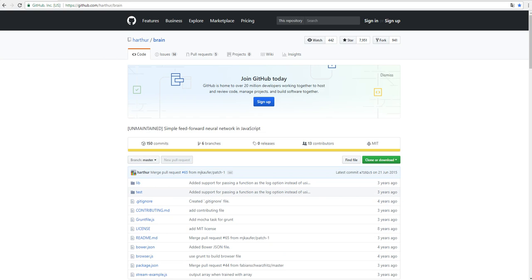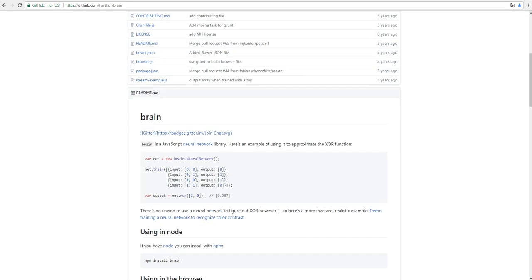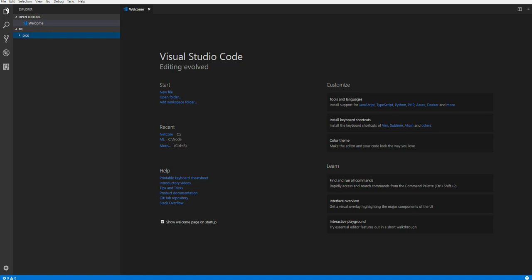This GitHub repository is useful because it has the neural network library. It's called Brain. Let's make a small application.